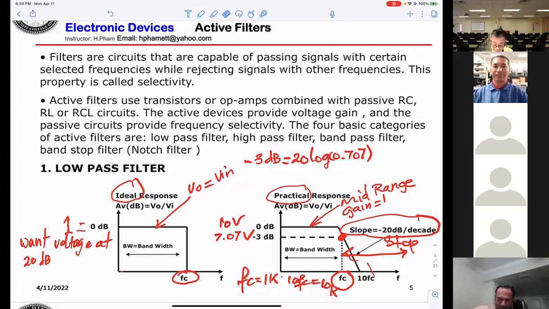And now it's 10 times the cutoff, meaning if you get a 1K cutoff, you get 10 kilohertz. I want the voltage at 10 kilohertz. How do we calculate it?